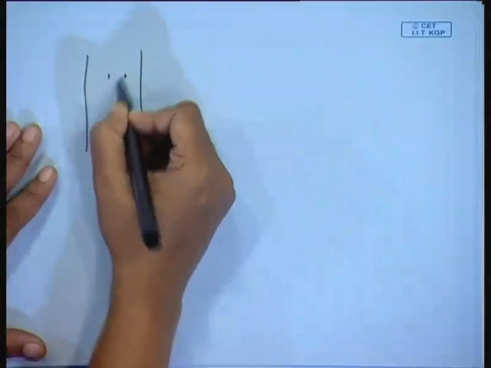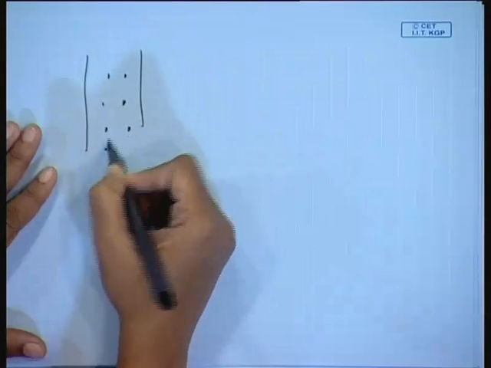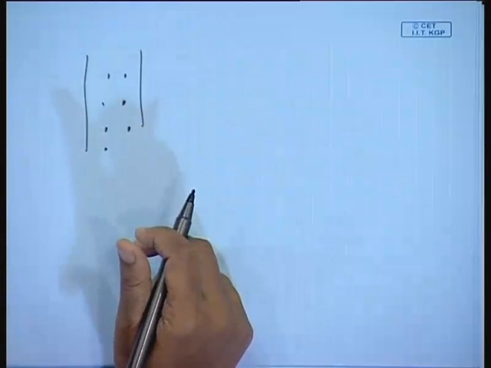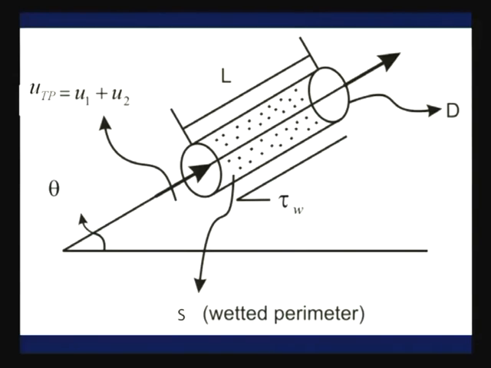Naturally, they are applicable for bubbly flow situations. It is not exactly bubbly, I should say dispersed bubbly, where the bubbles are dispersed uniformly. If you remember when I had drawn the pictures, this should be corrected as dispersed bubbly. That means the entire thing has this particular appearance.